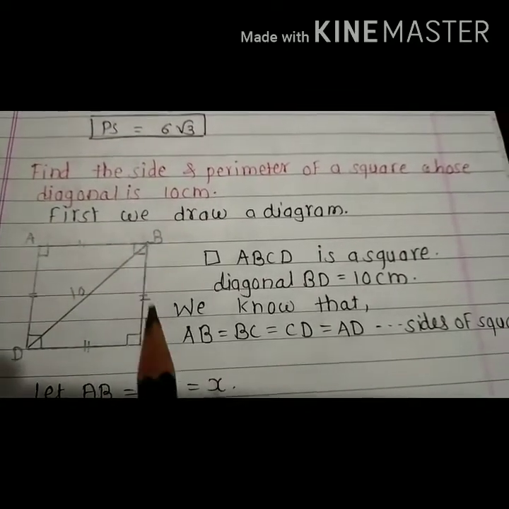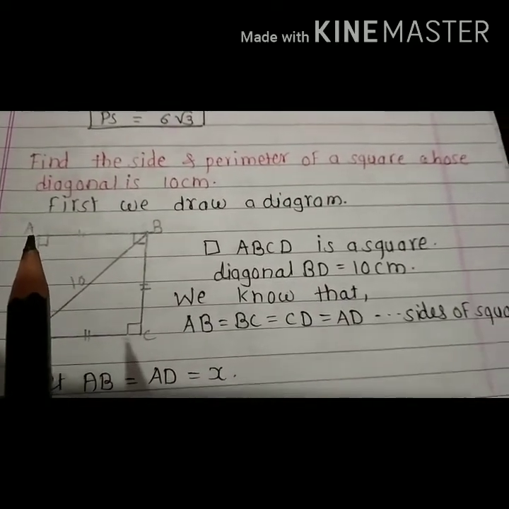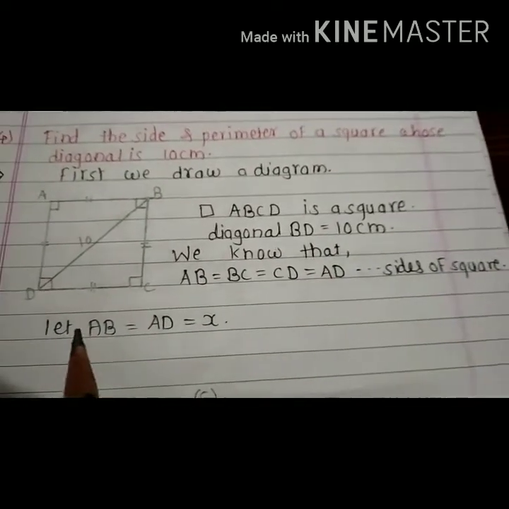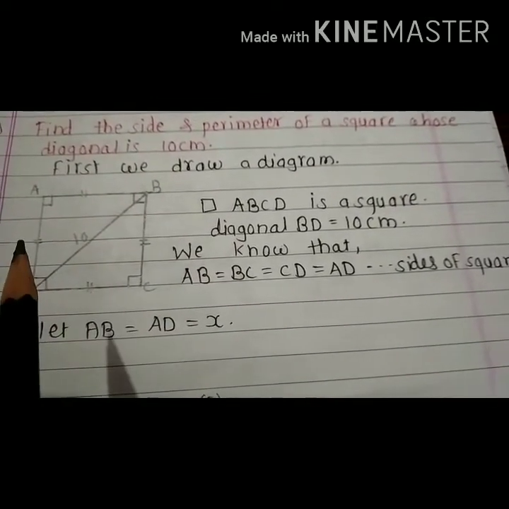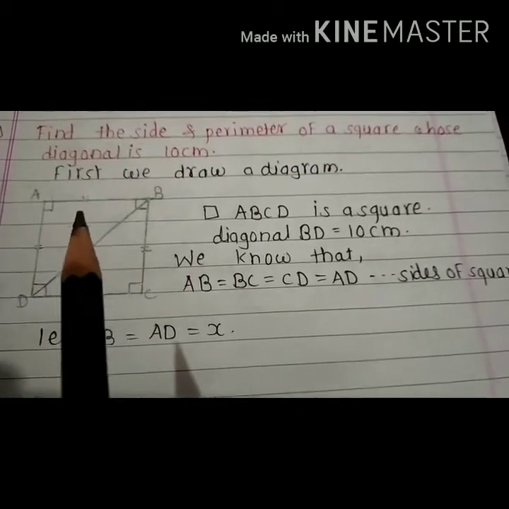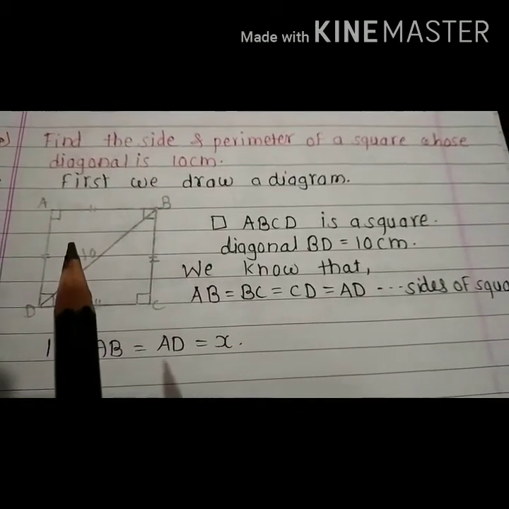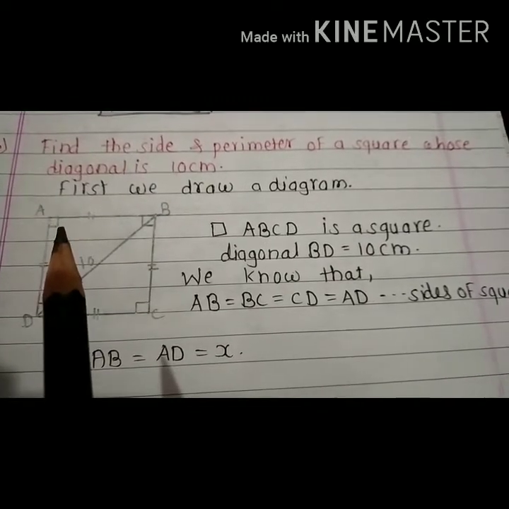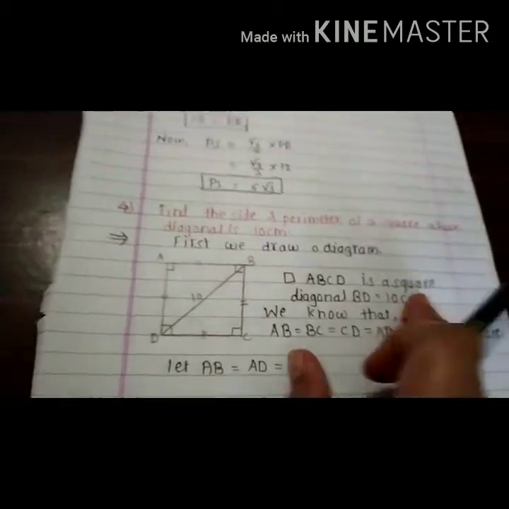Therefore, AB is equal to BC is equal to CD is equal to AD, sides of a square. Let AB is equal to AD is equal to X. Now, in a right angle triangle DAB, we are going to apply Pythagoras theorem.